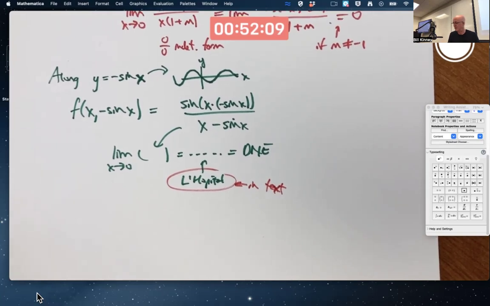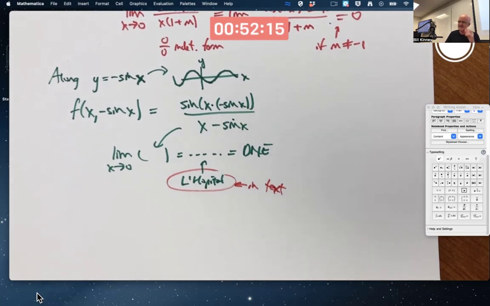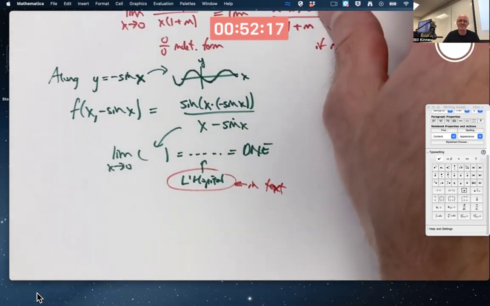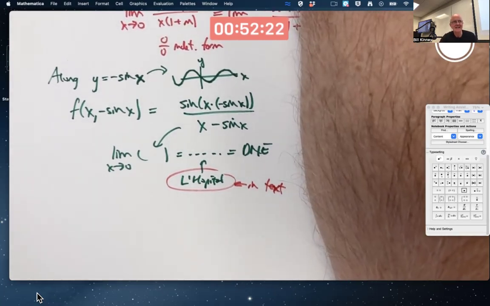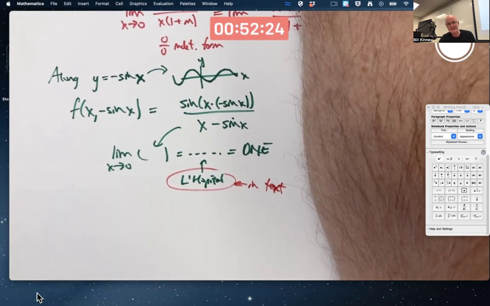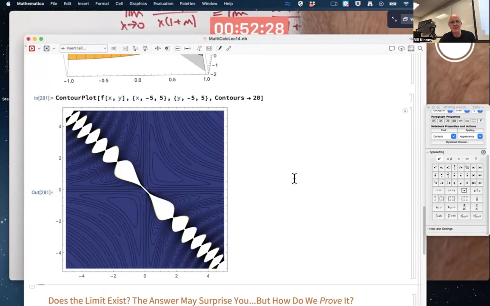It's kind of a nasty L'Hopital's example because you've got signs within signs here. So taking the derivatives gets a little nasty, and I think you maybe even have to apply L'Hopital's rule twice. So that makes it even more nasty. But what you find is it doesn't exist. Is there a way we can believe that here?